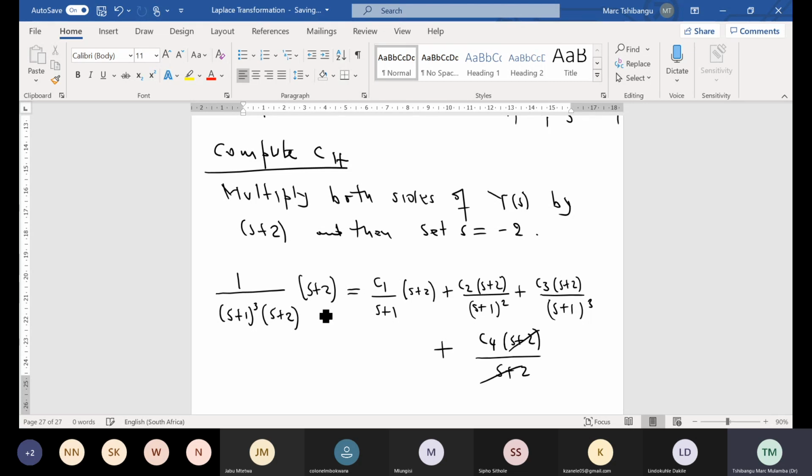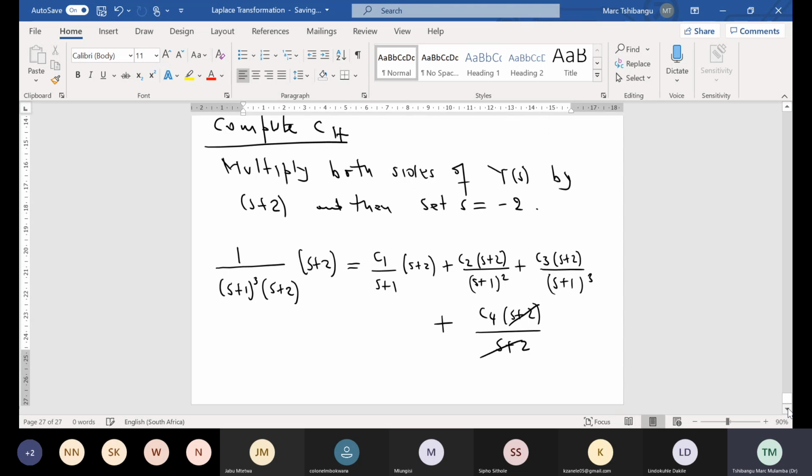Cancel all the common terms. So cancel those two. Here we're going to remain with 1 over (s plus 1) cubed.